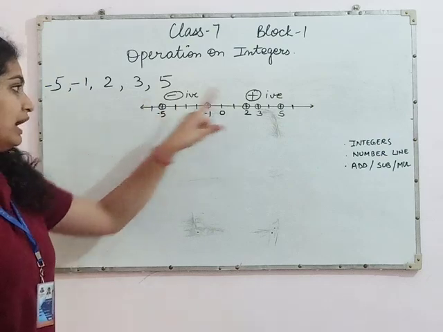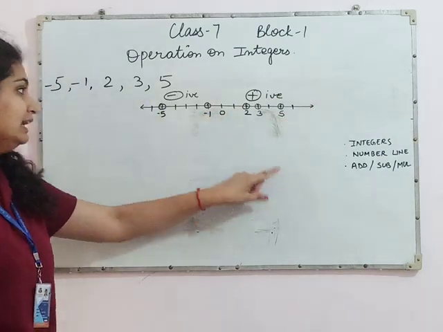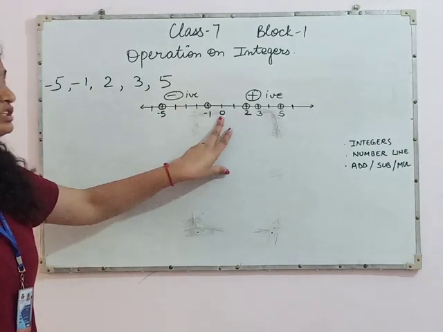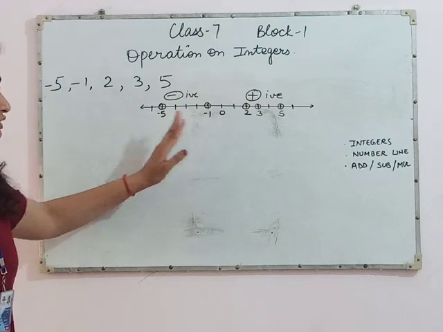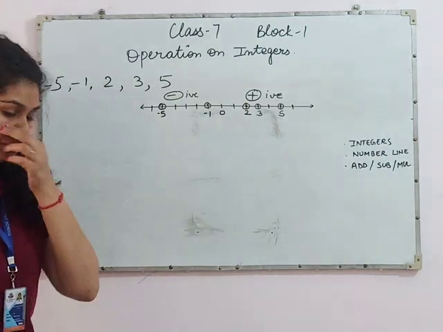Two things: there should be arrows on both sides because it's a line, not a line segment. Secondly, the margins between the numbers should be equal, and you have to start from 0. Positive numbers go on the right side, negative numbers on the left side.